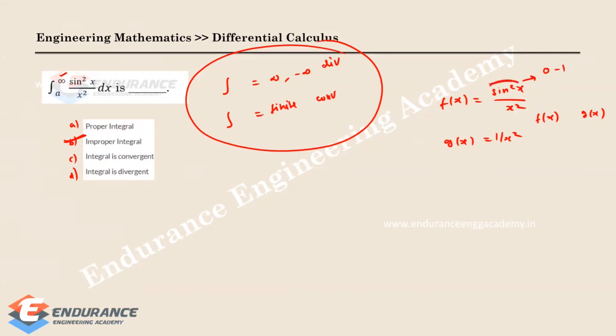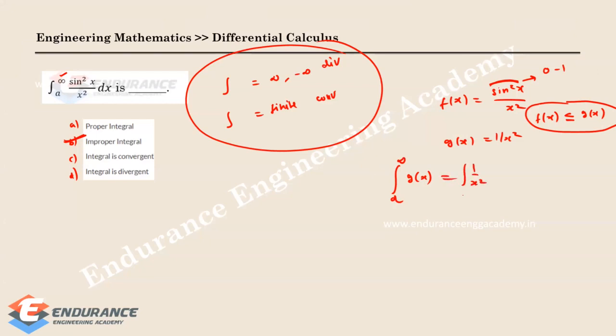If sine square x is less than 1, then my f of x will be less than g of x. It can be equal only if sine square x is 1. Okay, so this is what we got. I will integrate this g of x from a to infinity.